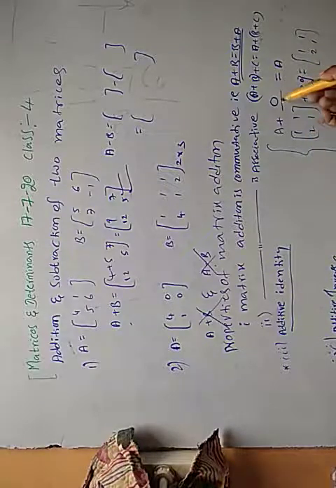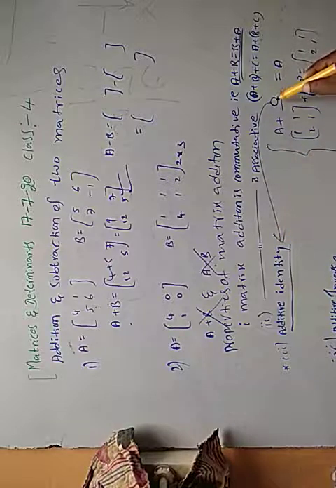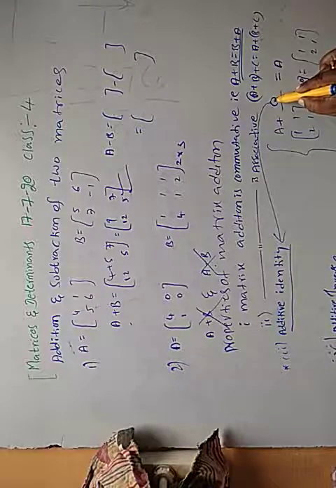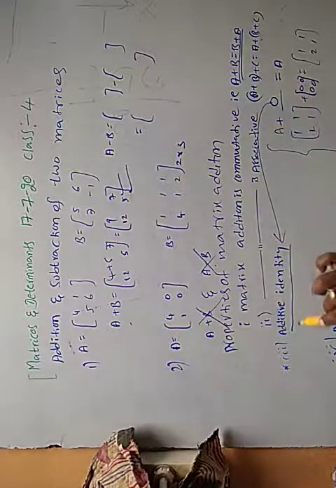Then what is that? Null matrix of order A. So the null matrix of order A is the additive identity.